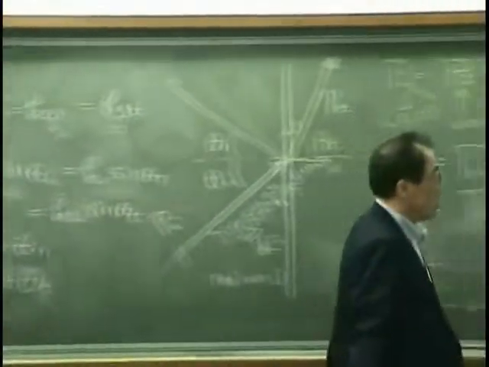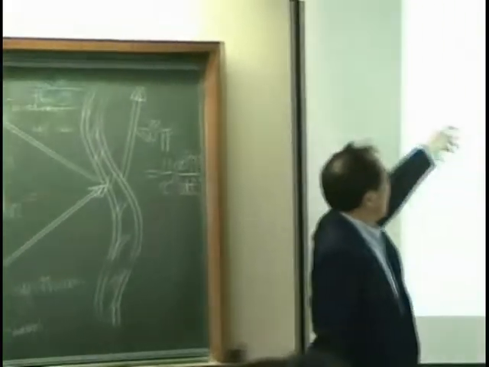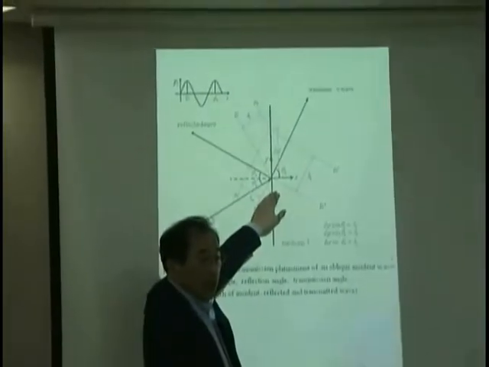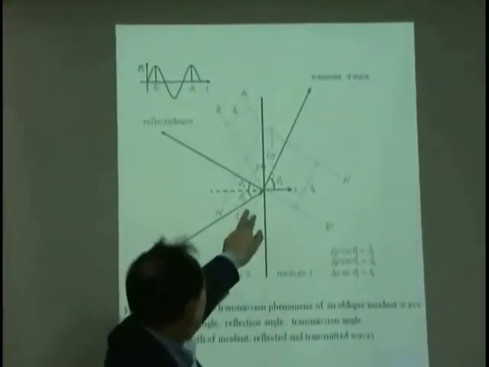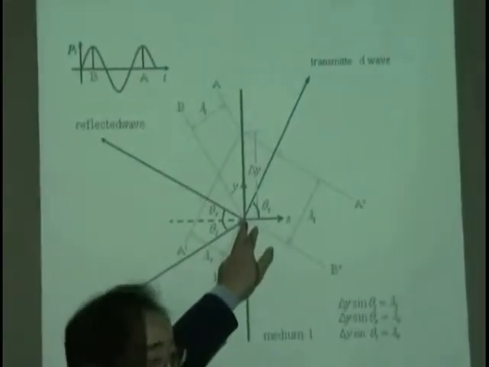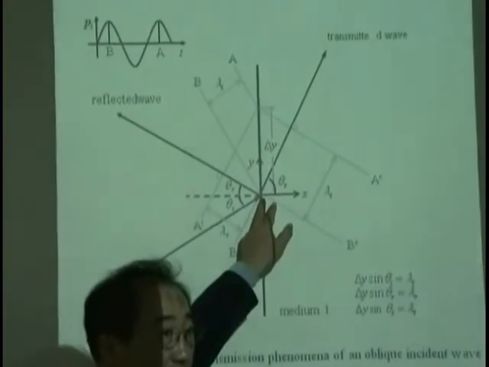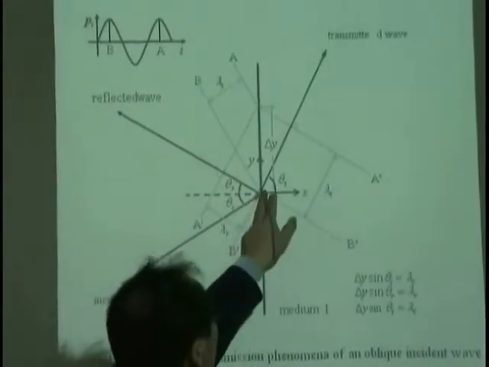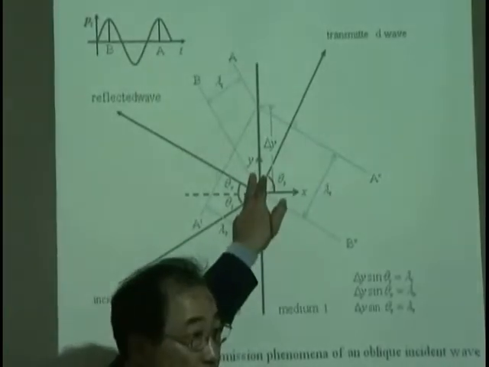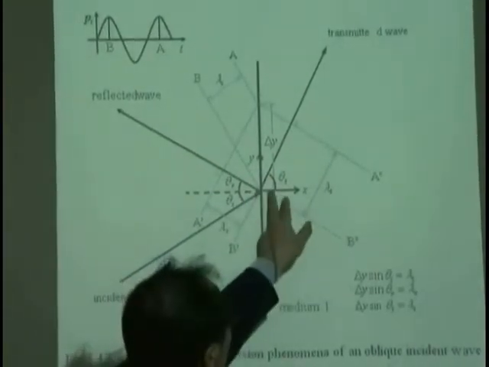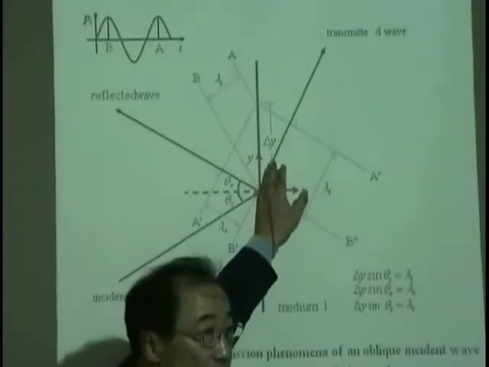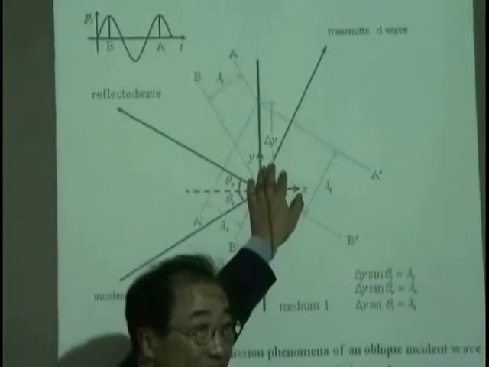Okay, then what does it mean? Let's look at what it means over here. Okay, this is the K vector, and K sine theta is how many waves in this direction? Right? And KR sine theta R is the number of waves in this direction. It has to be the same as the number of waves in this direction due to the transmitted wave.